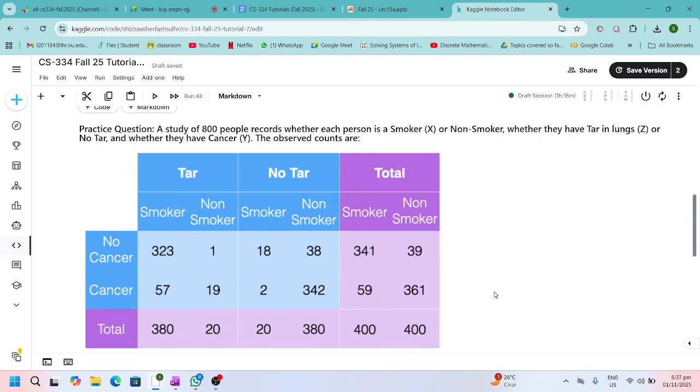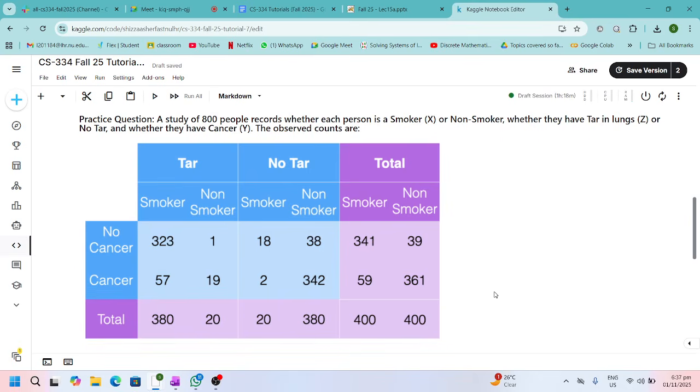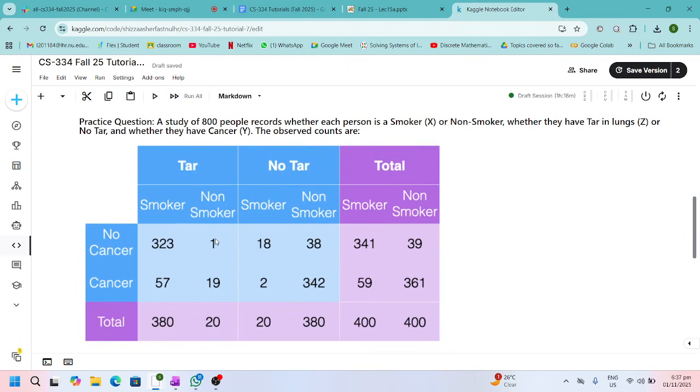Whether they have tar in their lungs, which is denoted by Z, and whether they have cancer, which is denoted by Y. You will note कि हमने U के against कोई भी values नहीं लिखी यहाँ पे because U we cannot observe right now. And then we have a table over here जिसमें आपको ये सारे observed counts given हैं. इस table को use करके हम probabilities compute करेंगे.